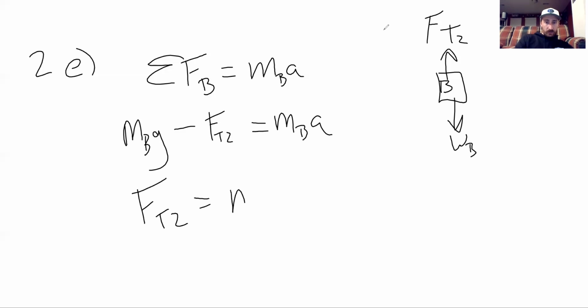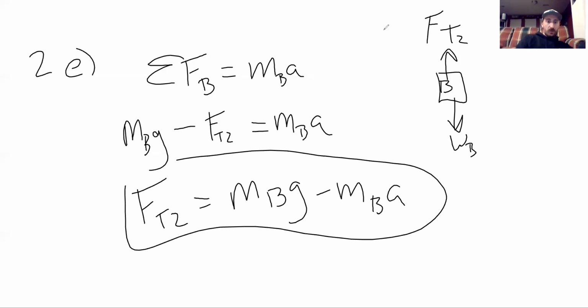T2 equals mBg minus mBa. That's my equation I'm going to look at.